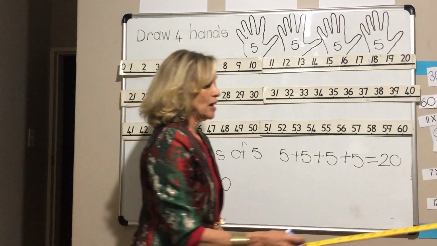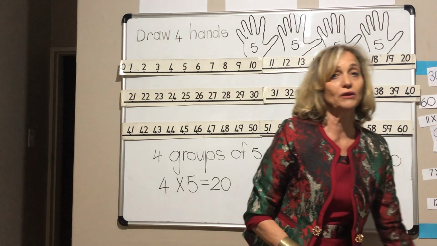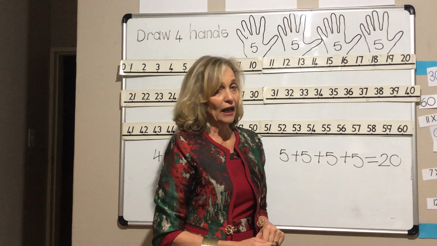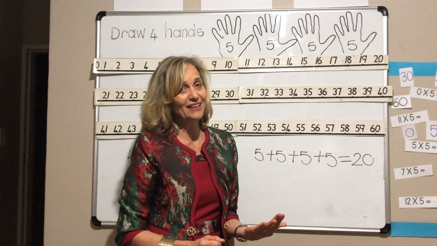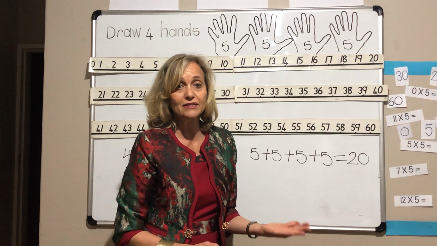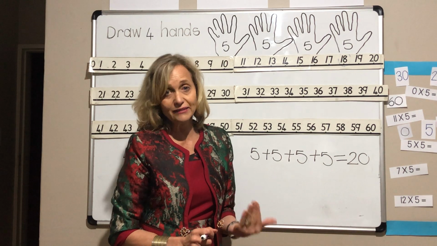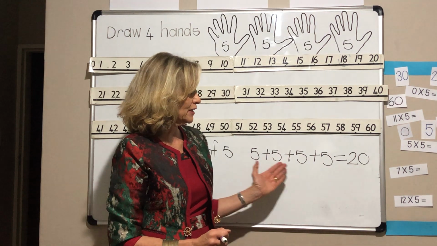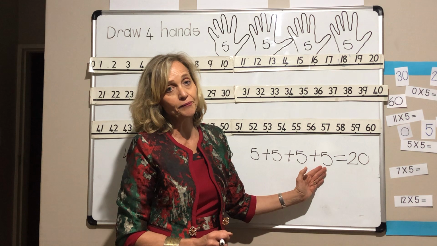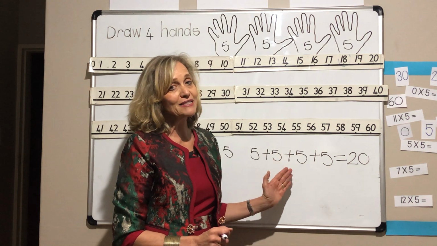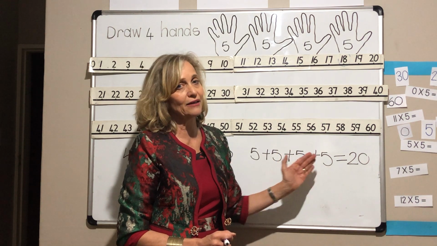Now, sometimes I would ask you in class, what does more mean? And then you would have to say more is bigger. Now, this is the same with plus and times. If you plus something, you are making it bigger. If you times something, you are making it bigger.